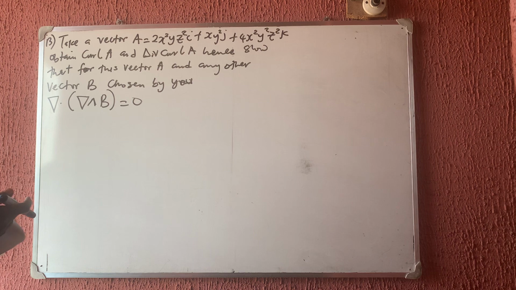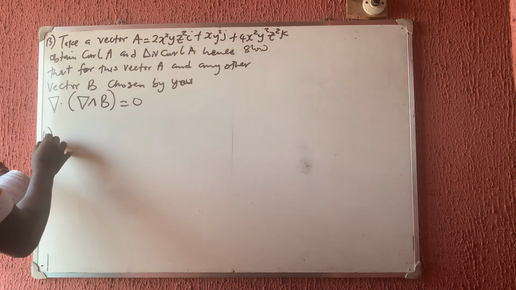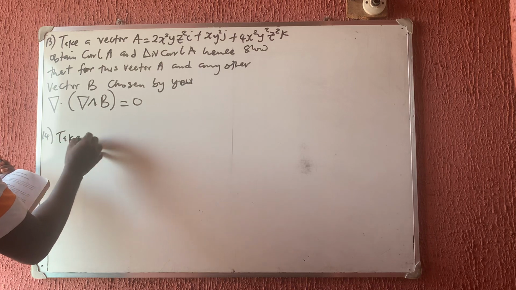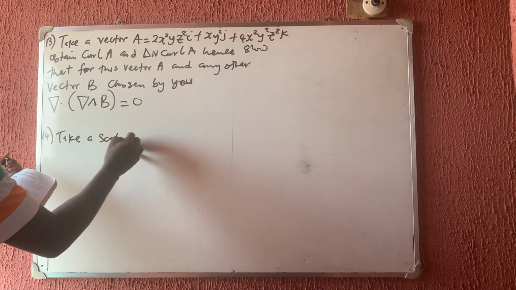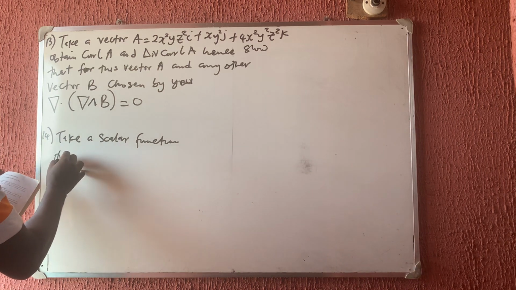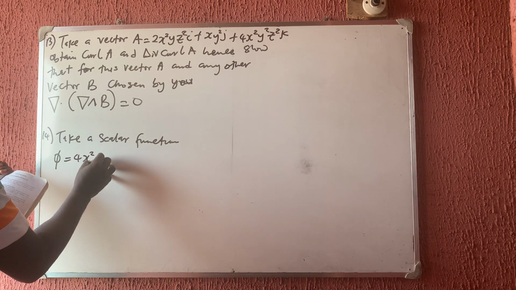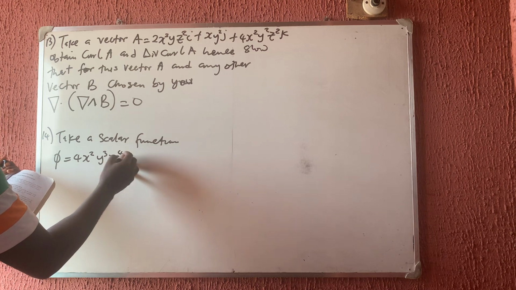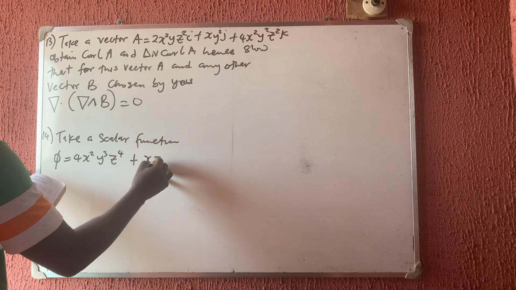Question number 14 is almost the same thing again. Take this as all your assignments. Take a scalar function which is 4x squared y cubed z to the power 4 plus xz raised to power 2.